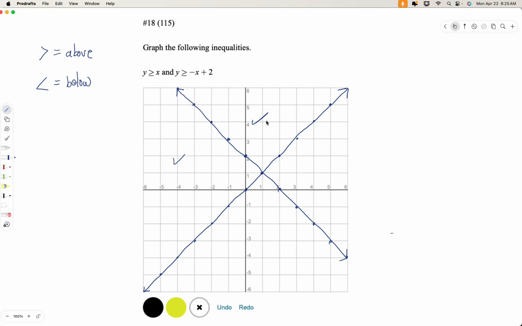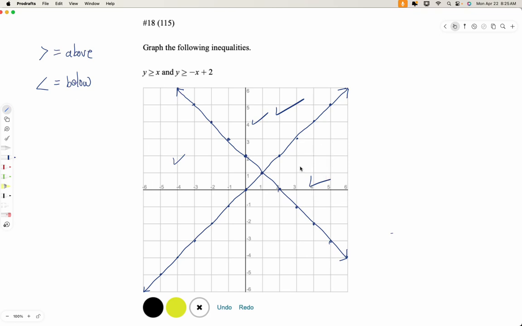And it's okay to put check marks on your screen and then erase them later once you figure out the area you need. So this one means y is greater than negative x plus 2. So that's the second line. So above the second line would be this area and this area.